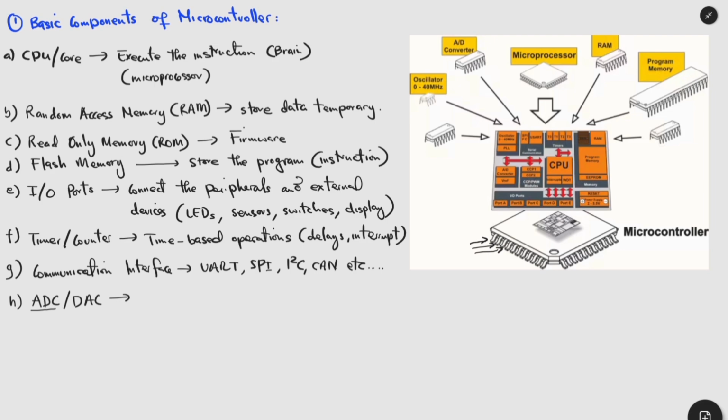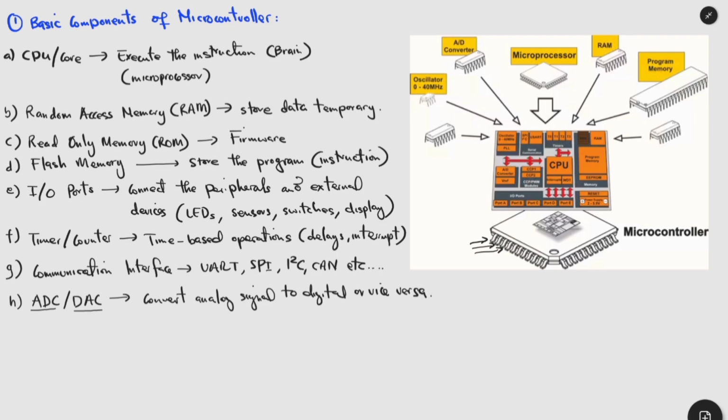Now if we want to convert a digital signal to an analog signal, we use the digital to analog converter circuit. And these converter circuits are built inside a microcontroller. Therefore, they are responsible for converting analog signal to digital or vice versa, like I have explained.